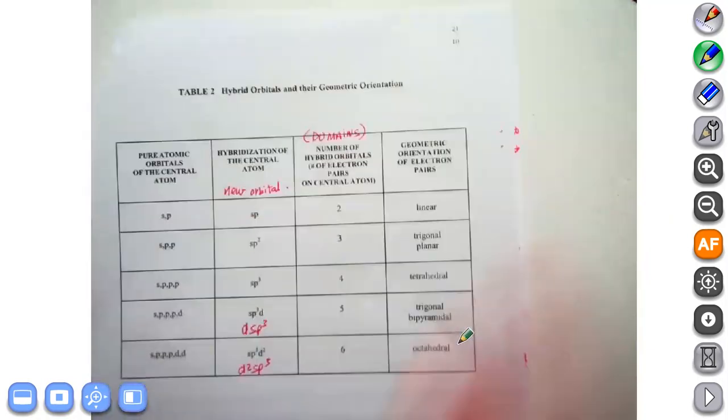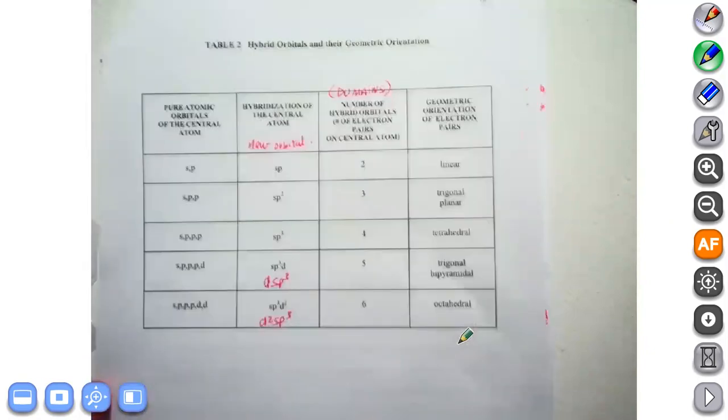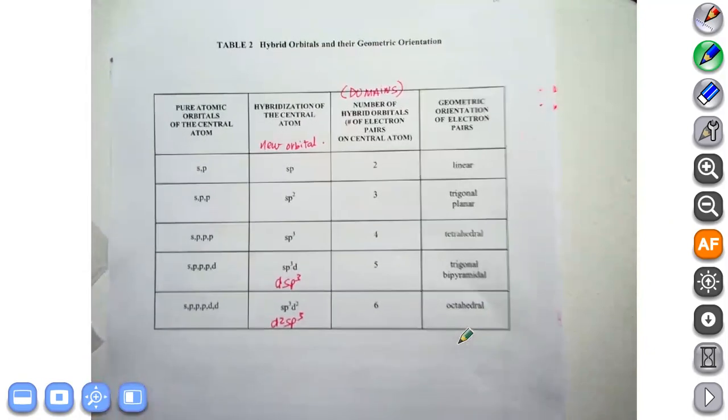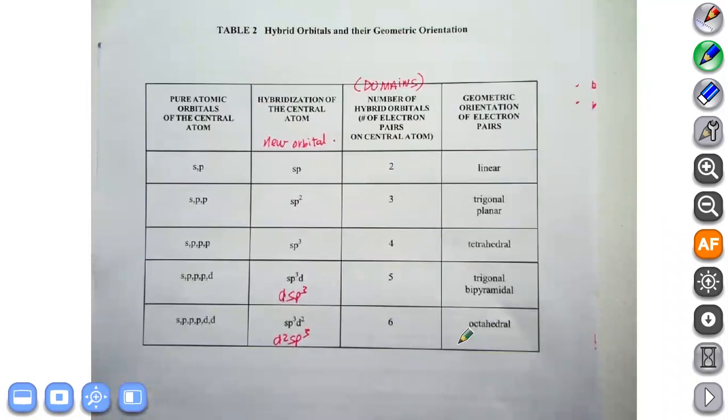Please go to page 21. And let me talk about hybridization just a little bit on page 21. So here you have 2 domains, 3 domains, 4 domains, 5 domains, and 6 domains.